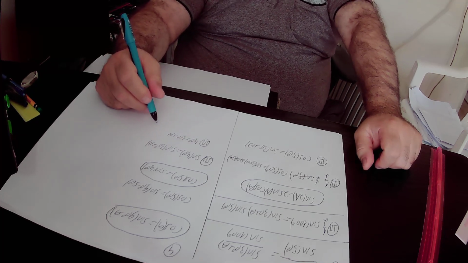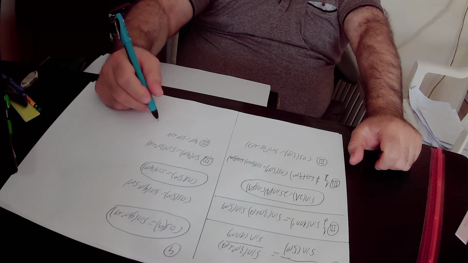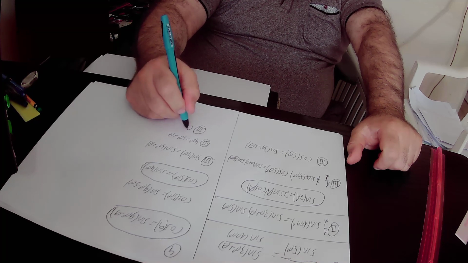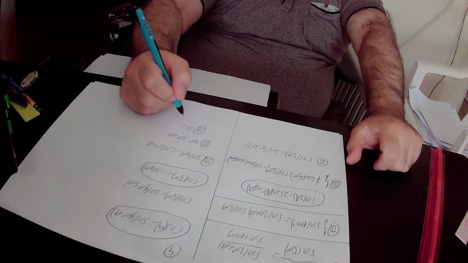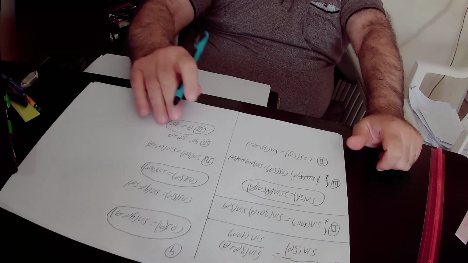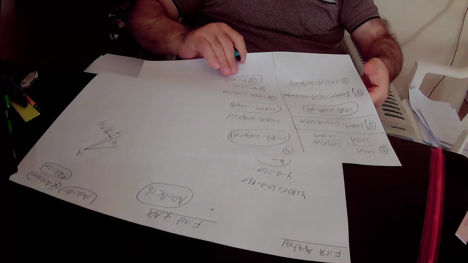Here we'll subtract 30 degrees, and we will get that angle theta equals 40 degrees minus 30 degrees, which is 10 degrees. So we found out that angle theta equals 10 degrees.